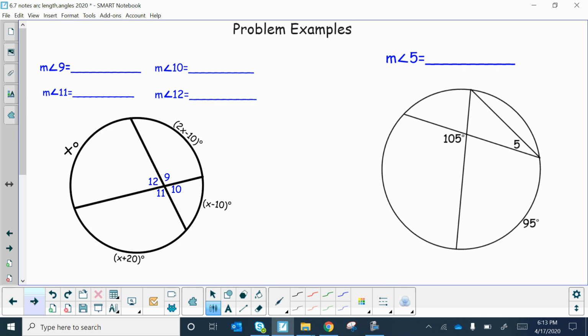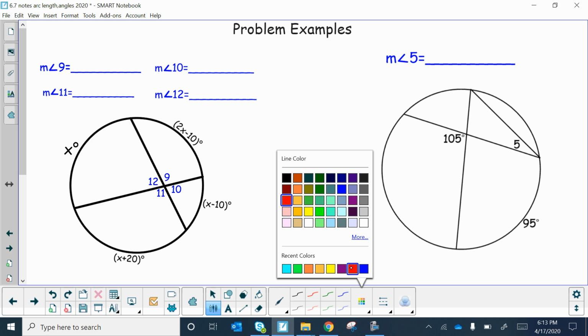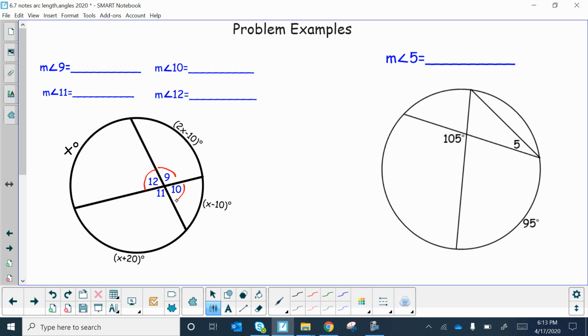Over here we have to solve for angle 9, angle 10, 11, and 12. So let me highlight those in red. Here's 9, 10, 11, and 12. So if I figure out 1, I can figure out the other 3 because we have some vertical angles and linear pairs. So what can I do with these 3 given measures, which are algebraic representations?